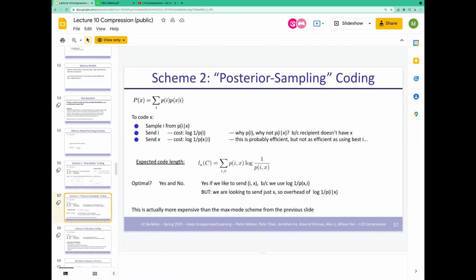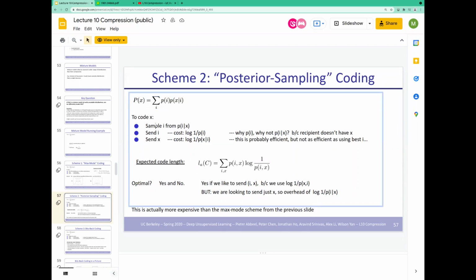So then the second motivation, before we get to bits-back coding, is called posterior sampling coding. We still have the same setup here: P of i, mixture models, pi, P of x given i.